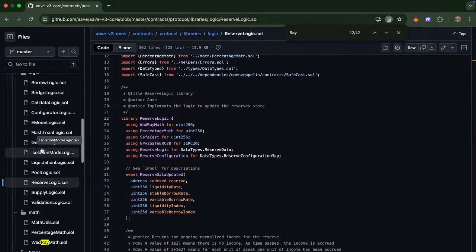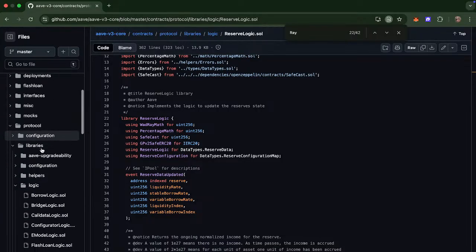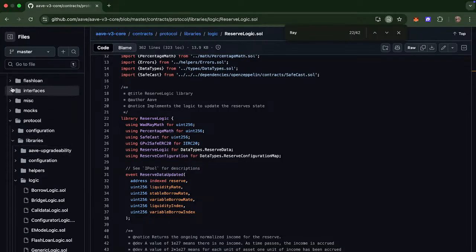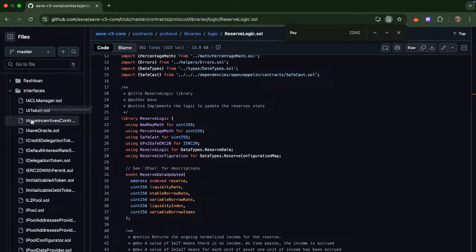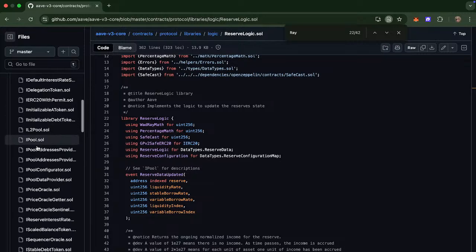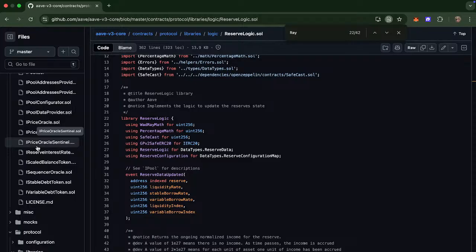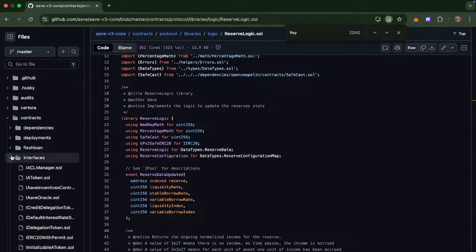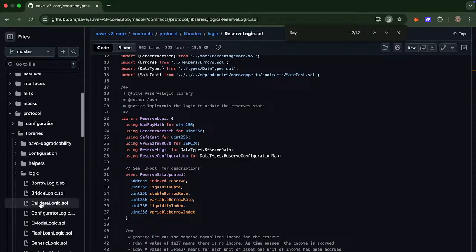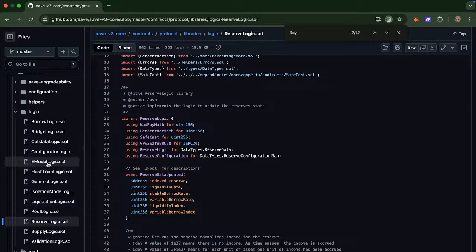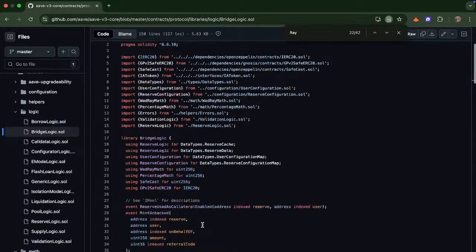Where are the interfaces? Oh, it's so messed up. Bridge logic is out of.